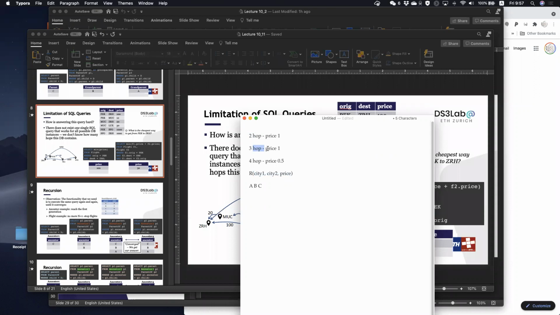Okay, I see. So essentially your question is that. But here, if you are doing union all, it should be fine, because union all looks at all combinations anyway and picks the minimum.